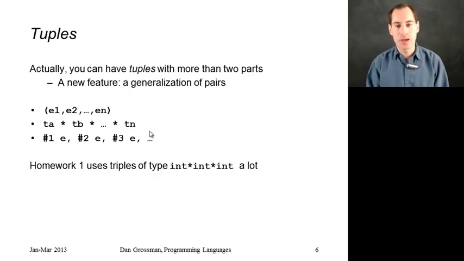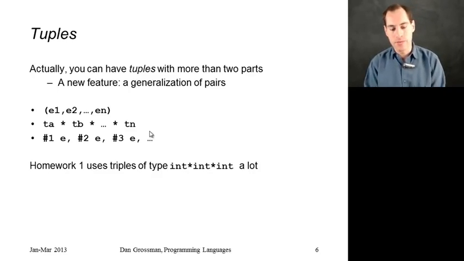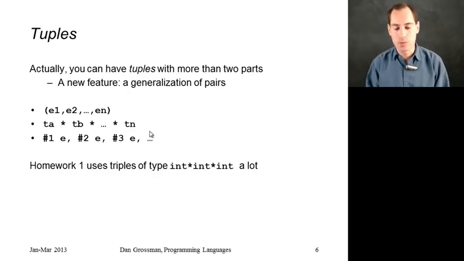The type of that thing will be all the types of the expressions separated by stars. So something like int star int star int would be a triple where each piece was an int. And you access the pieces with #1 of e, #2 of e, #3 of e, and so forth. So you'll get a lot of experience on this because int star int is in fact a common type for a lot of the problems on the first homework assignment.